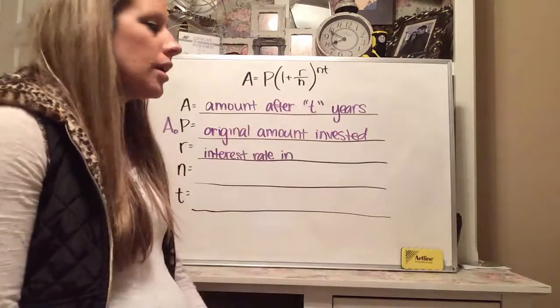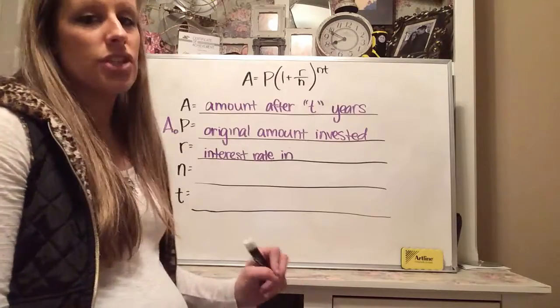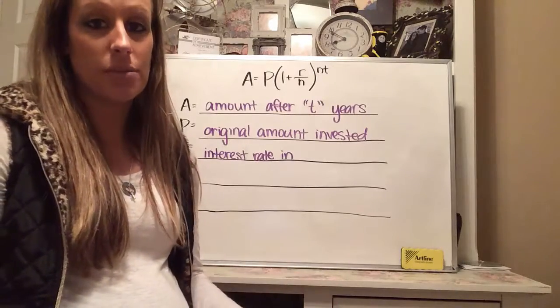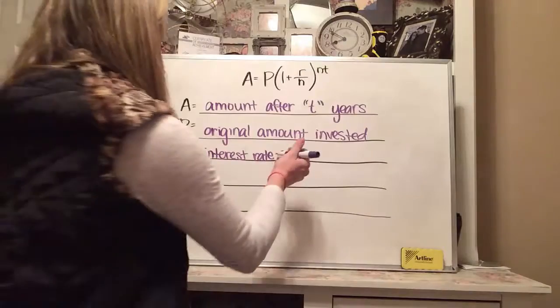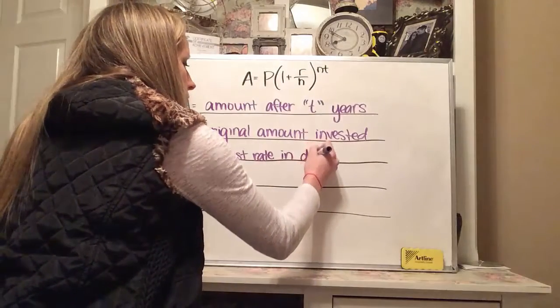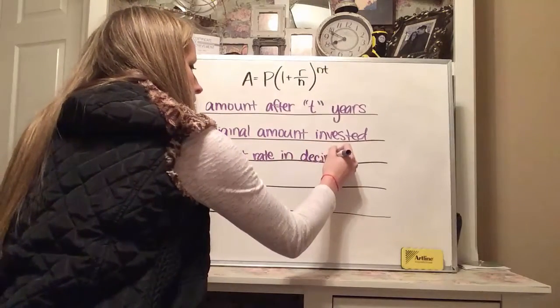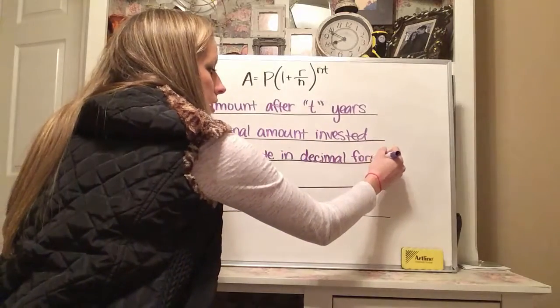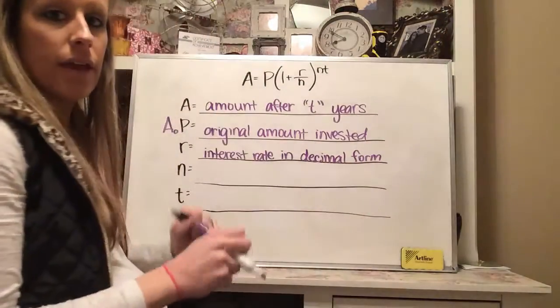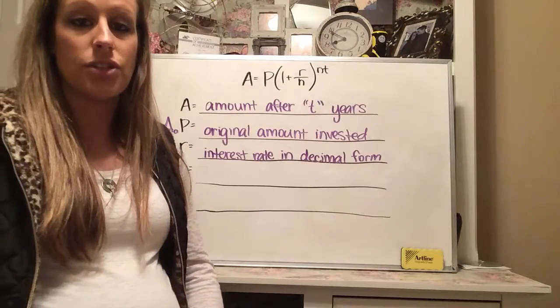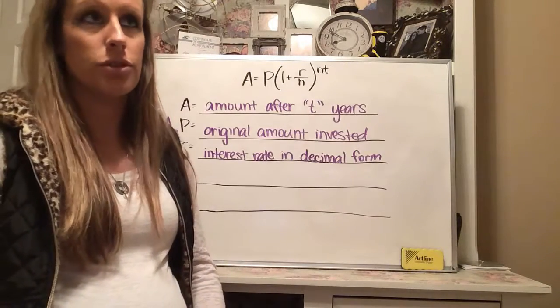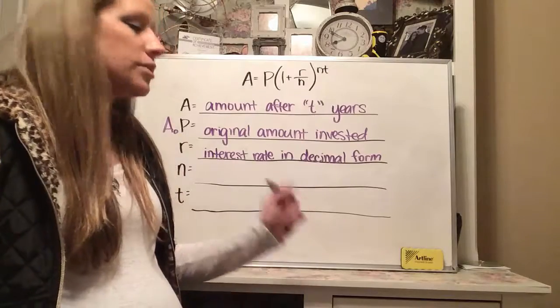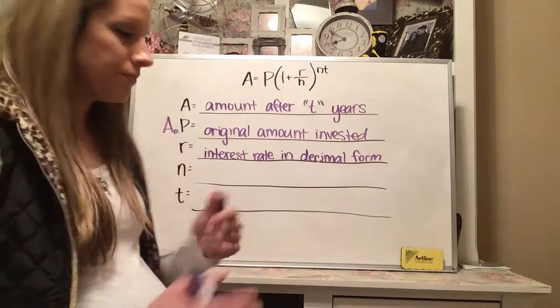You're going to have to change that percent to a decimal before you actually solve. So interest rate in decimal form. If you don't change it to a decimal, it will be wrong. They will always give it to you as a percent, pretty much always. So you're going to have to change it to a decimal.